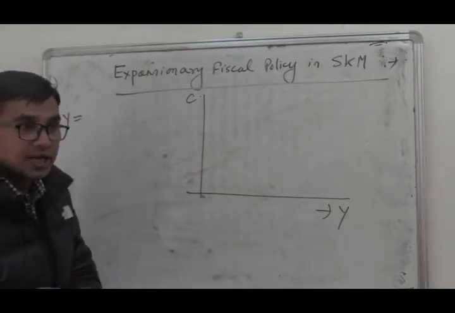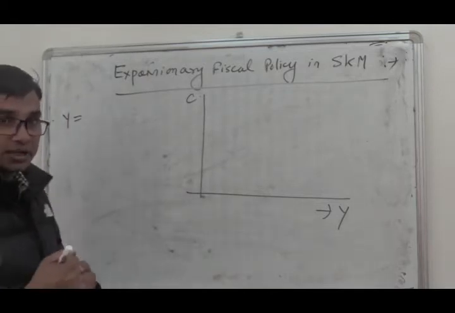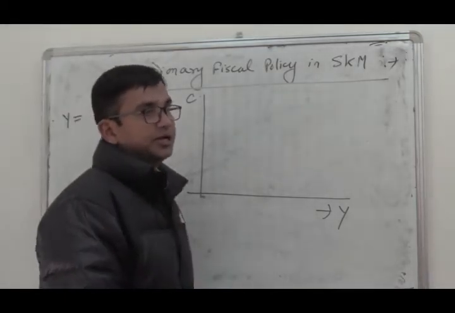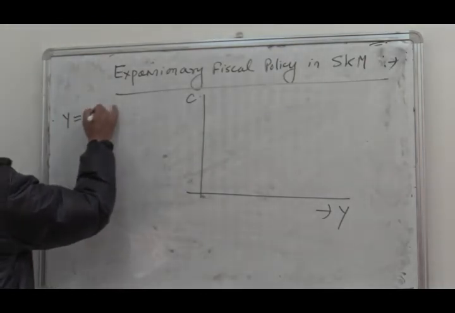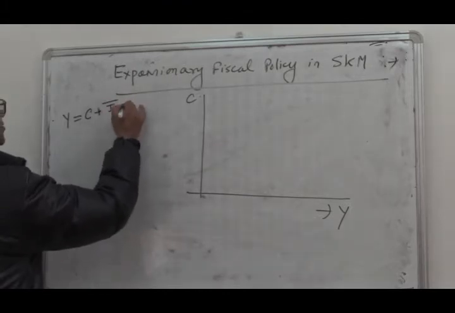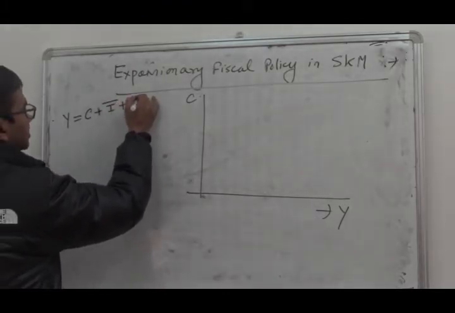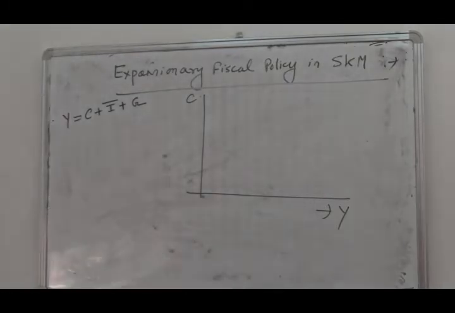We will consider a closed economy, but a closed economy with government intervention. So aggregate demand has three components. So Y equals C, consumption, plus private investment, which is autonomous in nature, plus G, government expenditure.